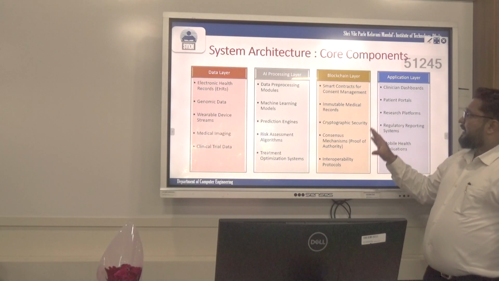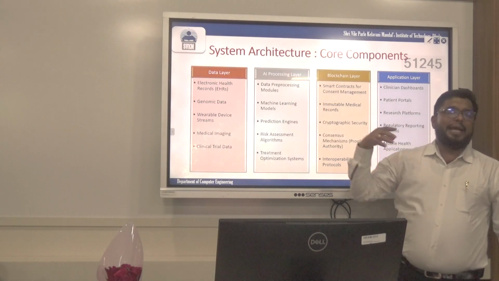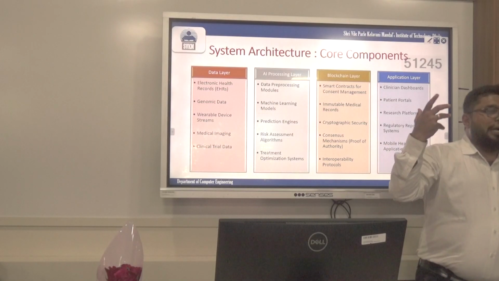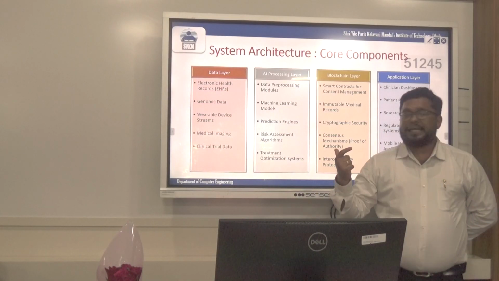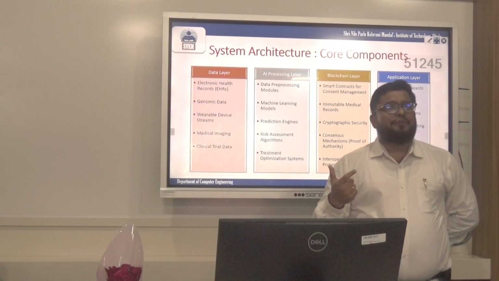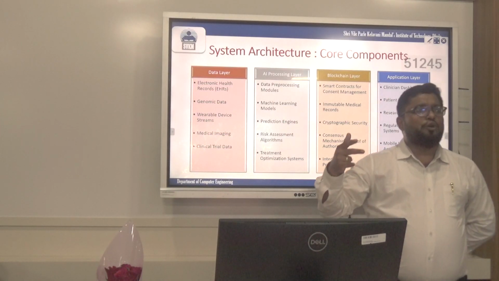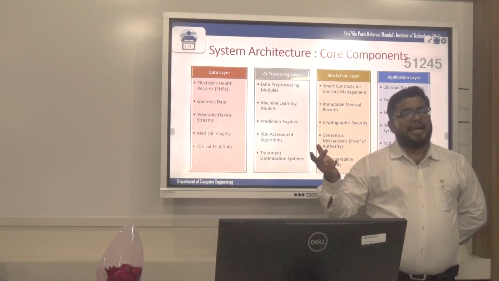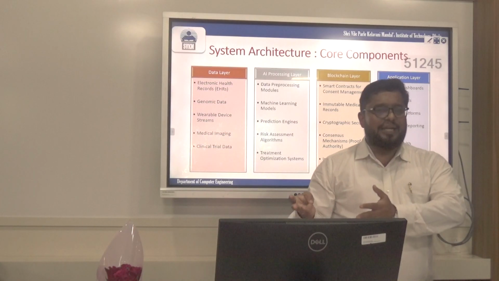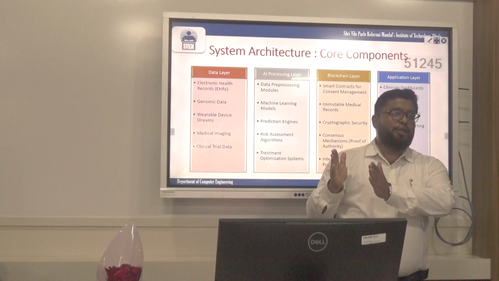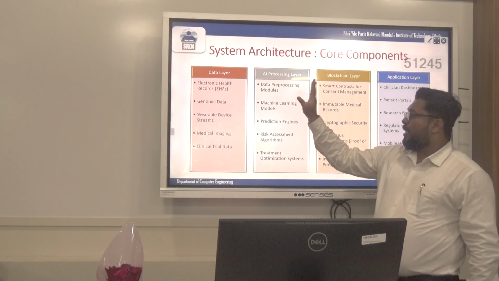Whatever data is stored in the blockchain is provided to the AI processing layer. AI has different steps. First, we provide it to the data pre-processing stage, where we apply encoding of the data, find out the missing values, and either delete them or impute them. Then we apply the standard scaler, and split the data into training and testing sets. All these pre-processing steps are done here.